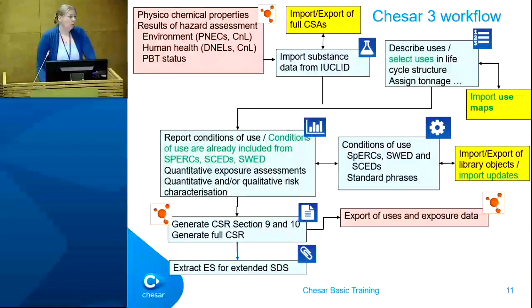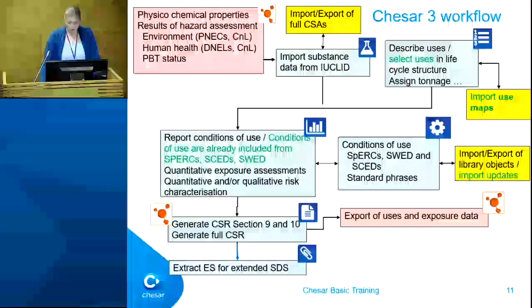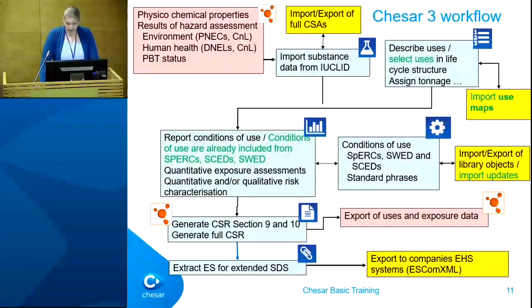And that you do with the exposure scenarios for communication, which you can attach to your extended safety data sheet. And that's what you do in box 5. There is also the possibility there to export that information in an IT format, what we call ESCOM XML, so that there could also be digital exchange of the data. Okay, that's in very short the workflow which we will be taking you through today.